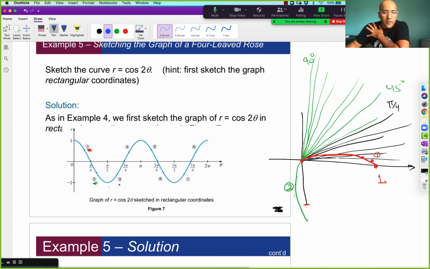For the next part, 3, now you're in quadrant 2, and you're tracing out angles between pi over 2 all the way out to 3 pi over 4. So that's going to be angles that are like around here, around there. So here are all the rays that are created by those. But again, you have negative R values.